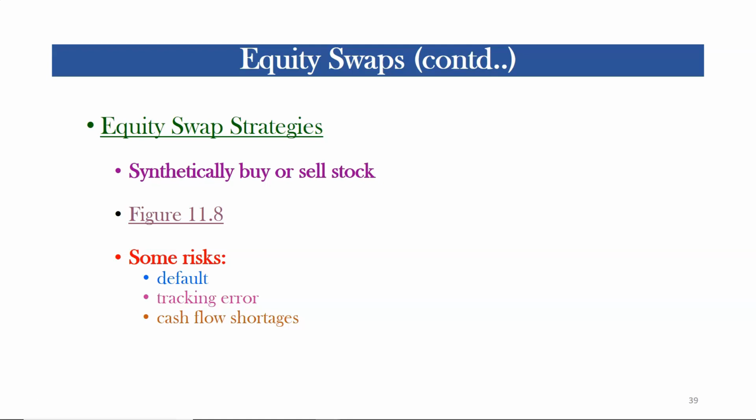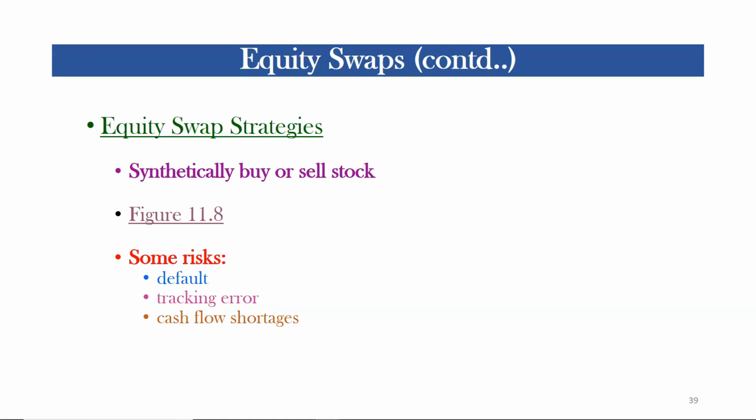Equity swaps can be used to synthetically alter the exposure on an investment. For example, an investor with a fixed rate bond portfolio can use a pay fixed and receive equity swap to synthetically change his bond portfolio into equity. Similarly, an investor with an equity portfolio can use a pay equity and receive floating swap to change his equity portfolio to a floating rate bond portfolio.